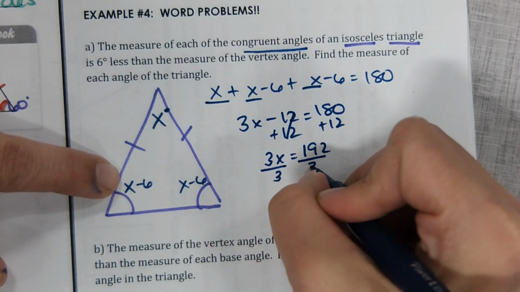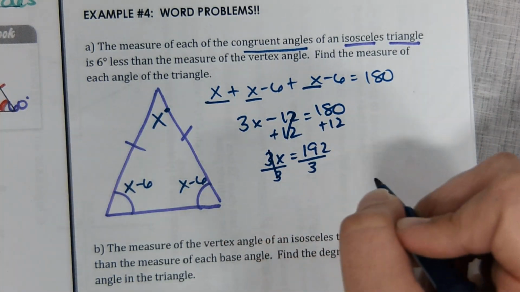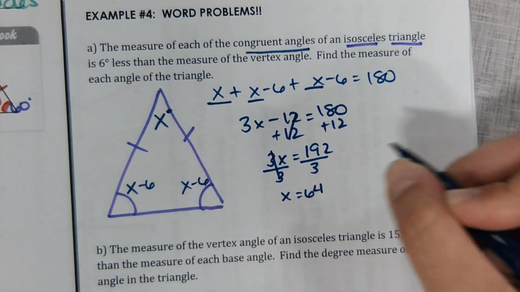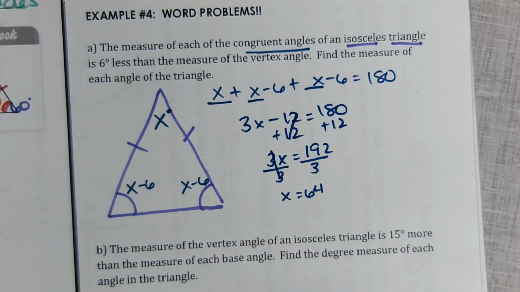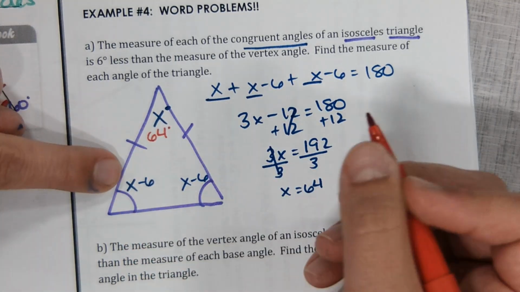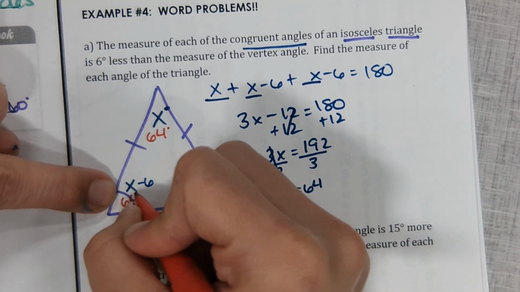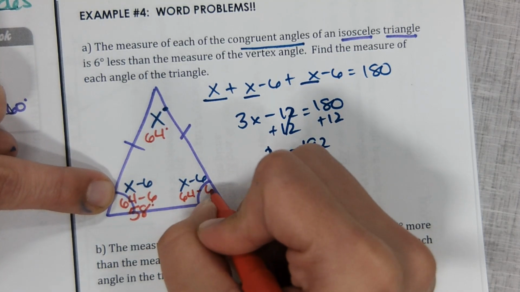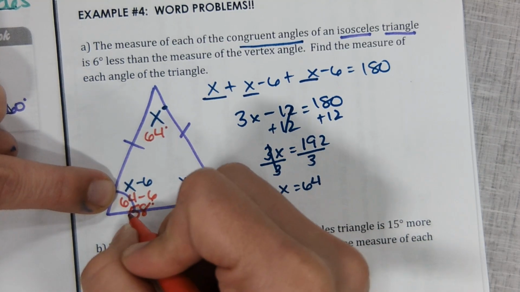Divided by 3. 192 divided by 3 is 64. So if x equals 64, this is 64 degrees. Here, 64 minus 6 is 58 degrees, and 64 minus 6, 58 degrees.